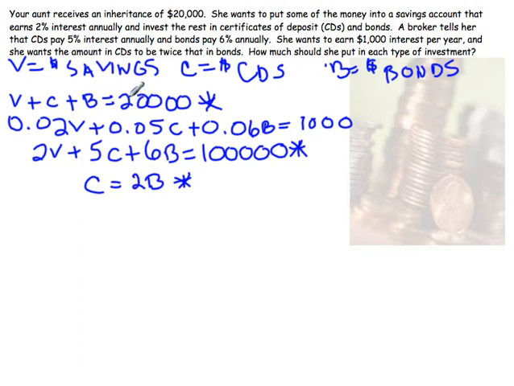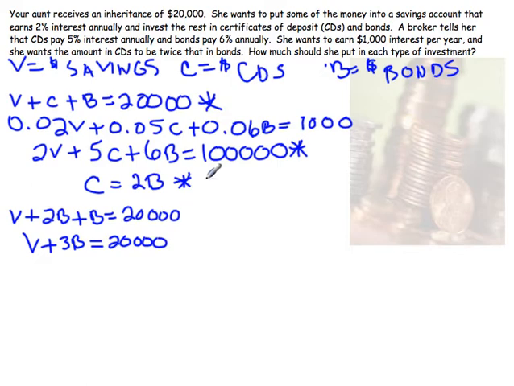I'm going to take the first 2 equations, the ones that are starred, and replace the C with 2B. So I would have V plus 2B plus B equals 20,000, and to work with that, it would be V plus 3B equals 20,000.